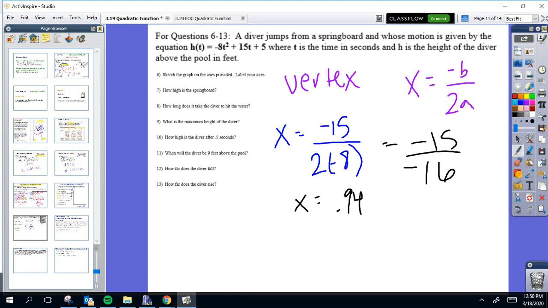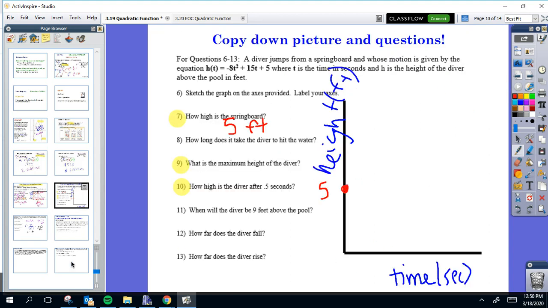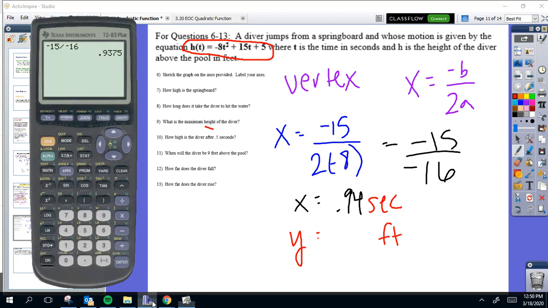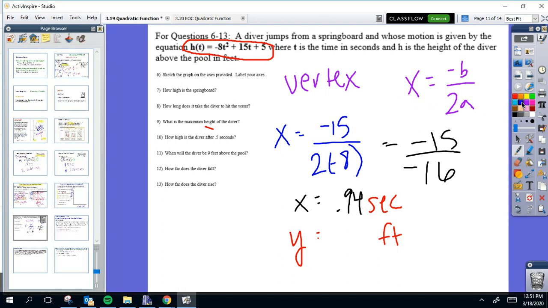My x value is time. So this is 0.94 seconds, but it's asking for the maximum height. So I'm looking for a y value to give me my height in feet. All I do is use this equation and plug in my t value or my x value of 0.94. Negative 8 times 0.94 squared plus 15 times 0.94 plus 5. And when I do that, I get a maximum height of 12.03 feet.